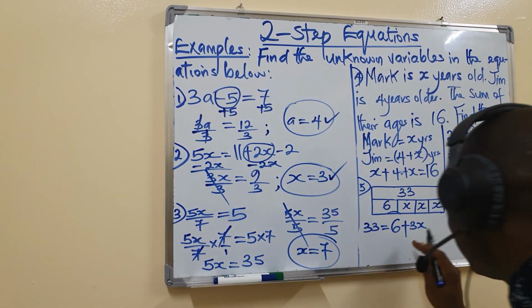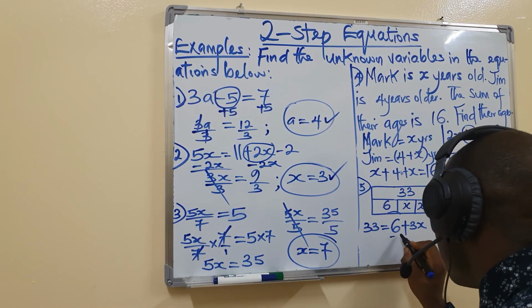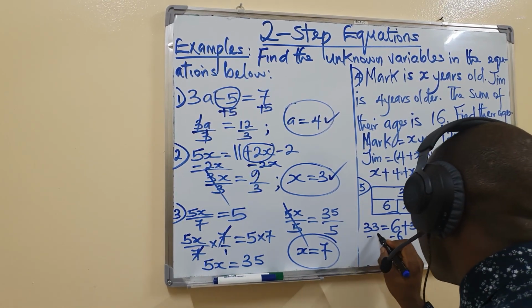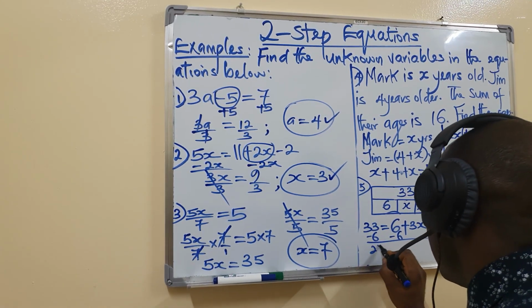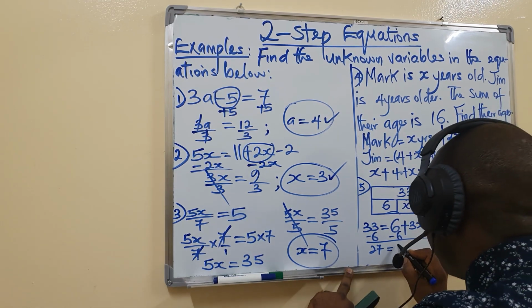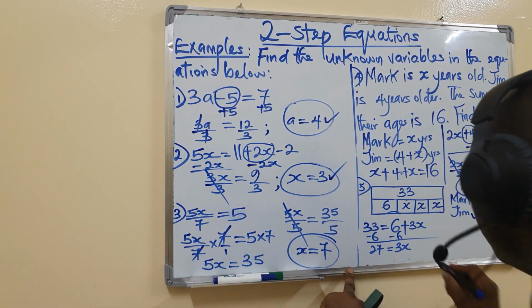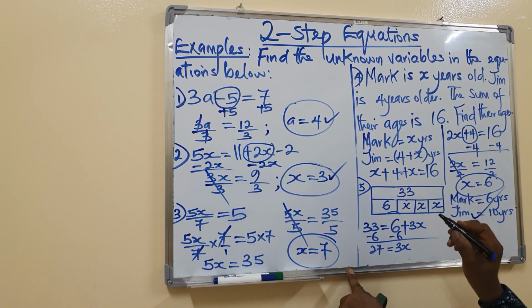Easy. So in that case, to remove this 6, I'll have to minus 6 because it was positive here. So remove it by minusing. 33 minus 6 gives you 27. So we have 27 on the left, and equal to 6 minus 6 is 0. So on the right-hand side, you have just 3x. This is 3 times x. So we have to remove that times by division.